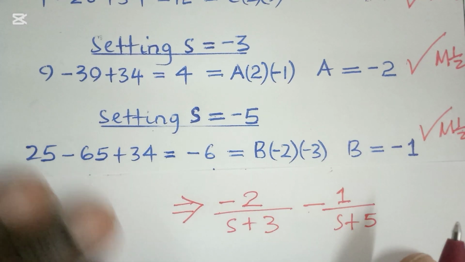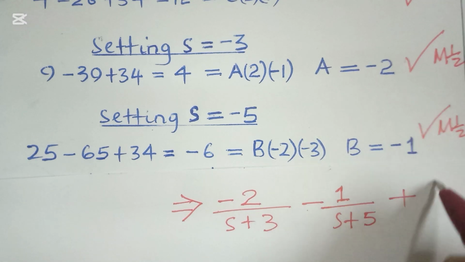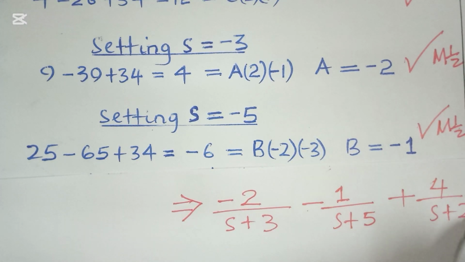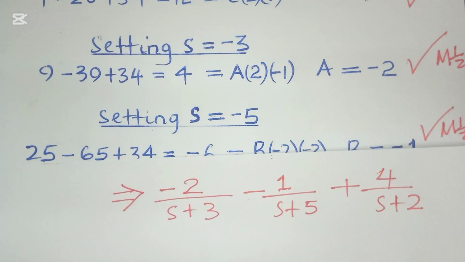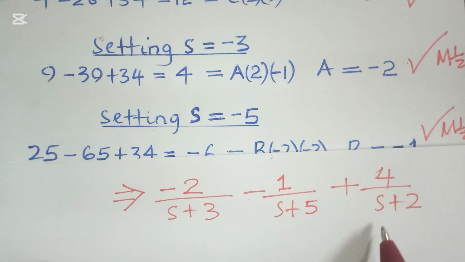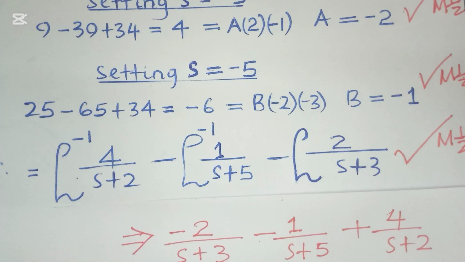And then finally C is 4, so plus 4 all over s plus 2, like that. This is what we have.